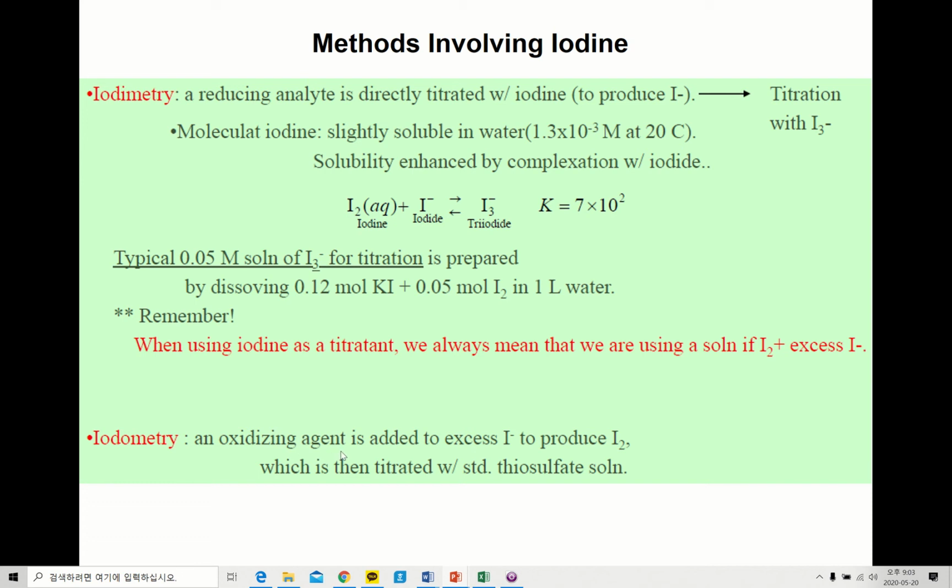As a result, iodine is produced. Then this iodine is titrated with standard thiosulfate solution.